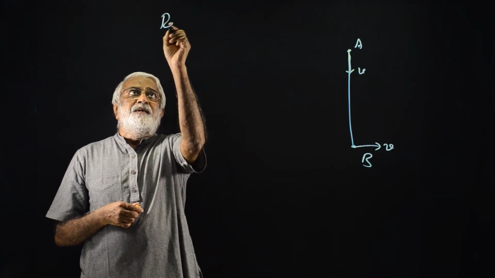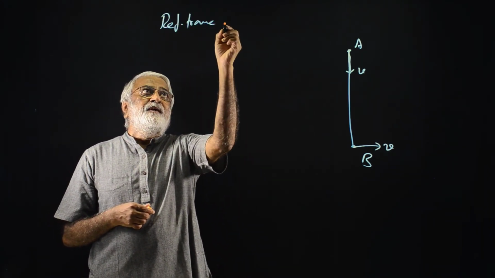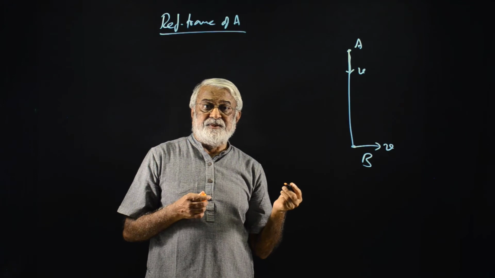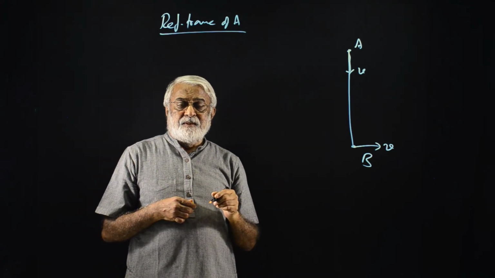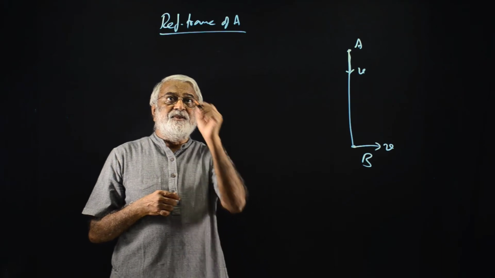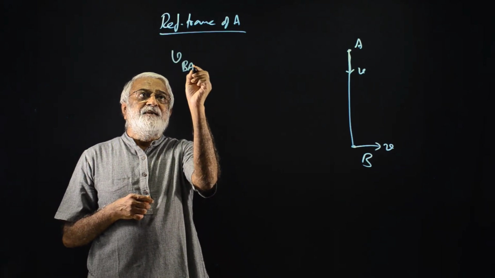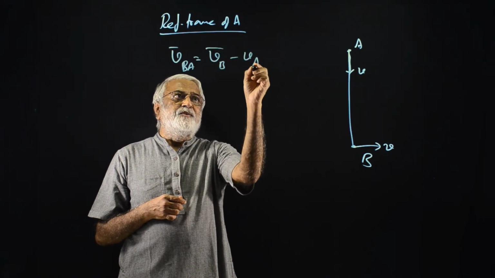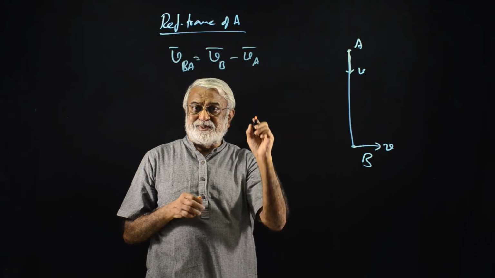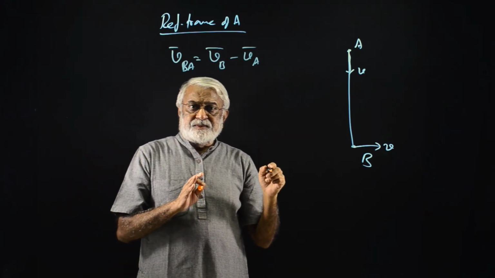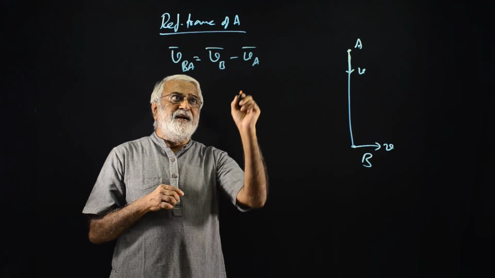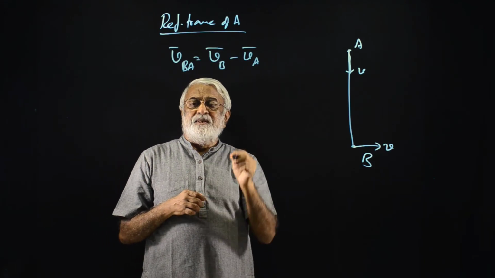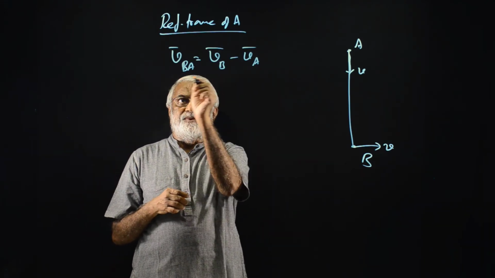Let's move to the reference frame of A. In this reference frame, ship A is at rest, and for ship B, we want to find the velocity relative to A, which is got by adding the reversed velocity of A to B. I'll explain that in a separate video. So we are adding reversed velocity V A to B.